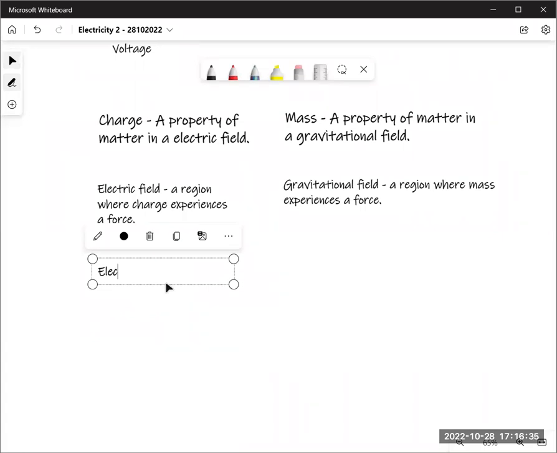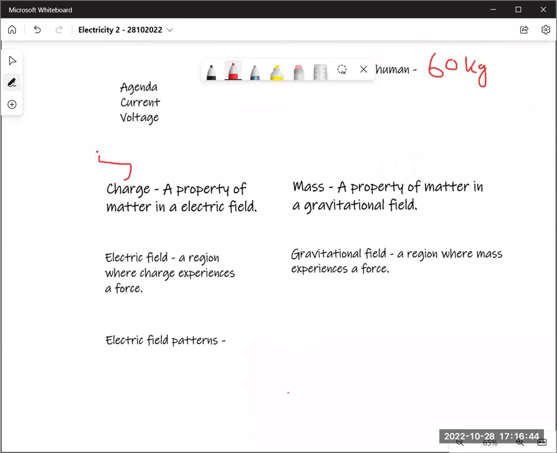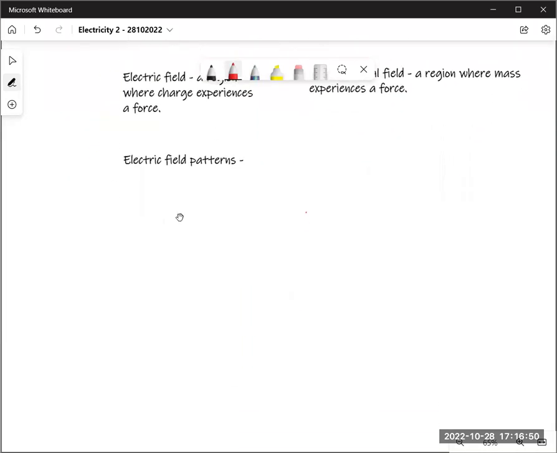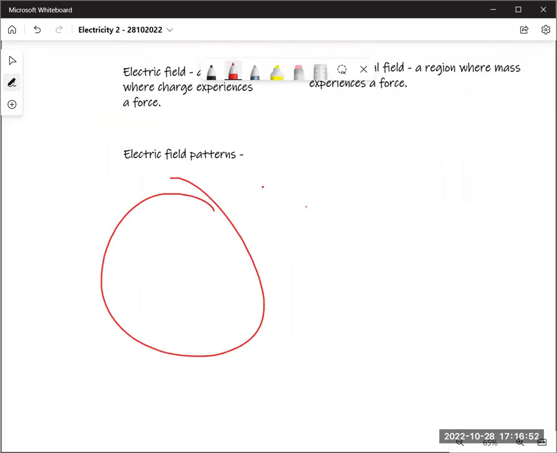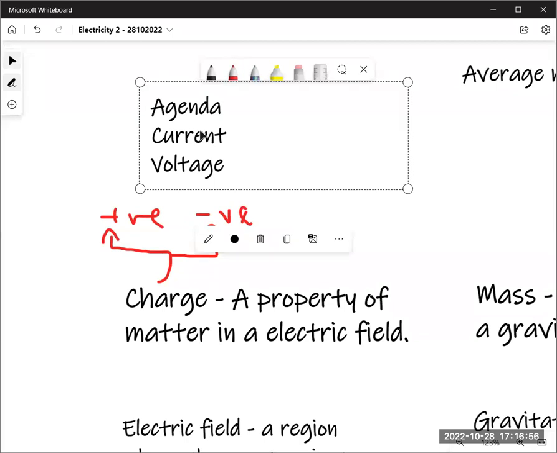What are electric field patterns? Since if I make a positive charge, now we know that charges are of two types, either positive or negative. Navada, can you tell me, where do we get negative charge from?